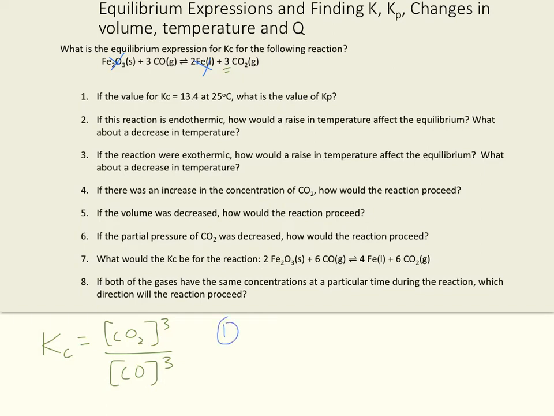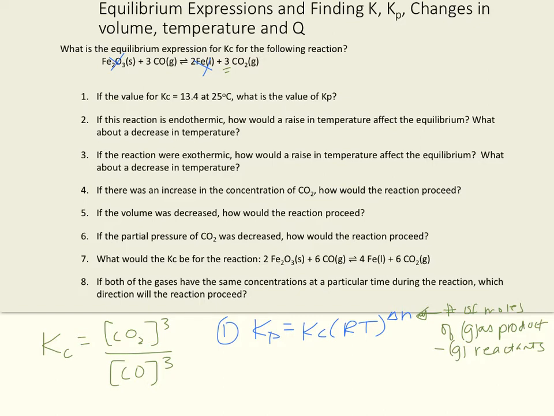So for number 1, if you remember, the formula is Kp is equal to Kc times RT to the delta N. And delta N is the number of moles of gas products minus gas reactants. So it's the change in the number of gas moles.